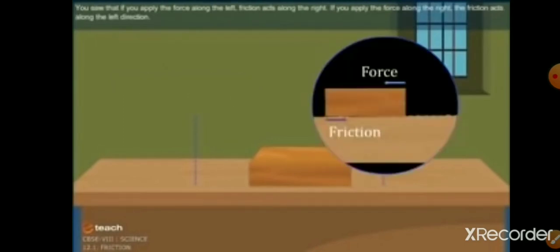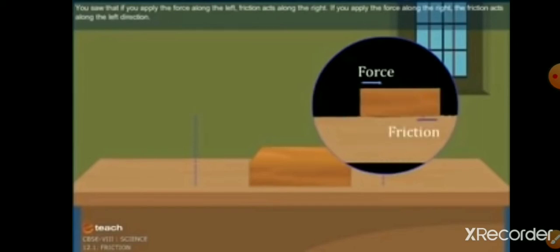Yes. The book will stop after some time. That means that a force must be acting on the book, which is opposing its motion. That means the force is acting in the opposite direction of motion. And this force is called the force of friction.